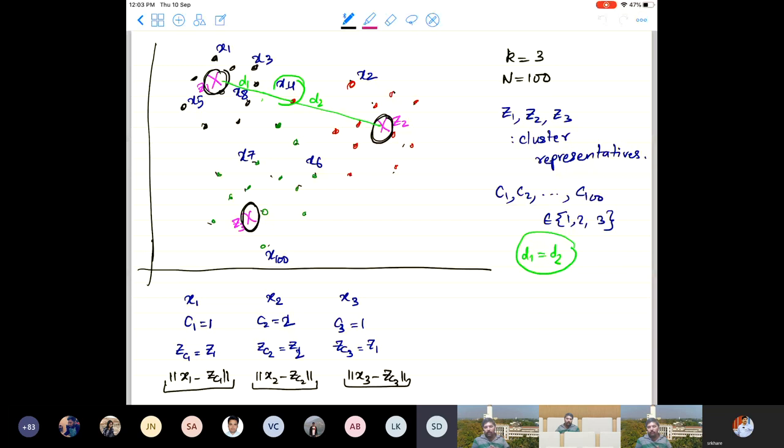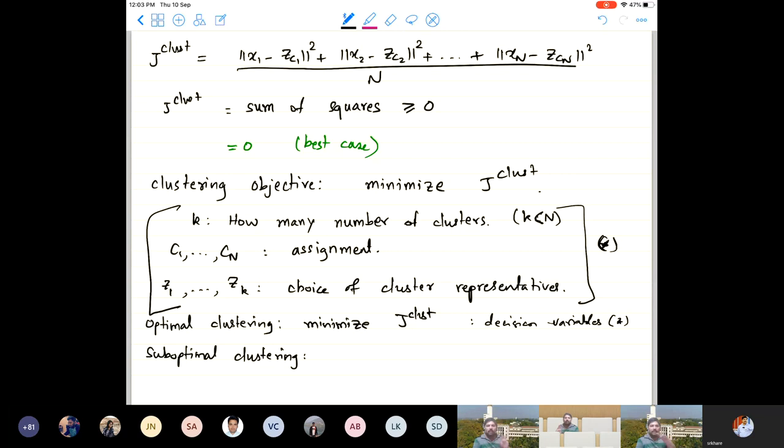As a general formulation of clustering, the other part of the formulation remains the same. The objective remains the same, right? Only the distance function changes. Yes, absolutely. The objective J-clust will remain the same, but the way you define J-clust, the norm definition, will change in the first equation on this slide. You are right.